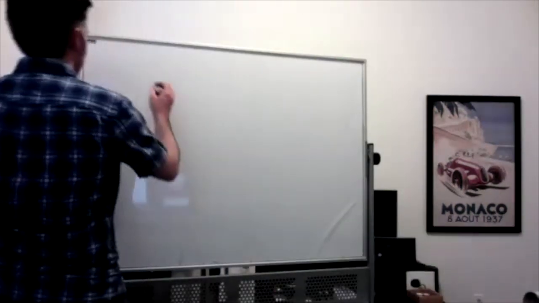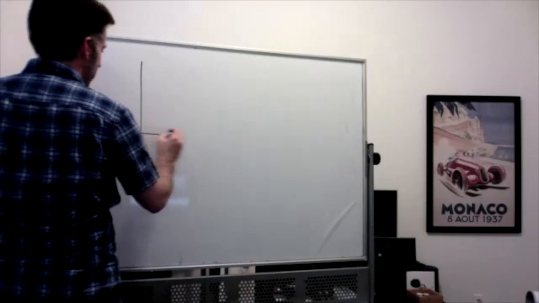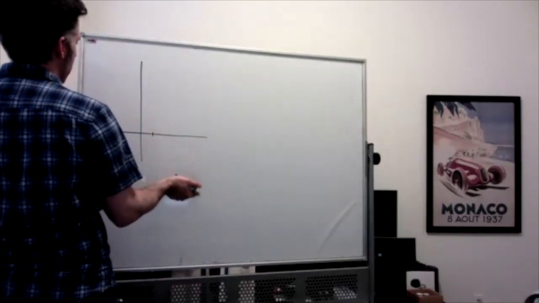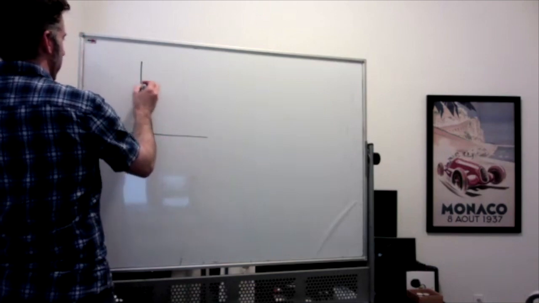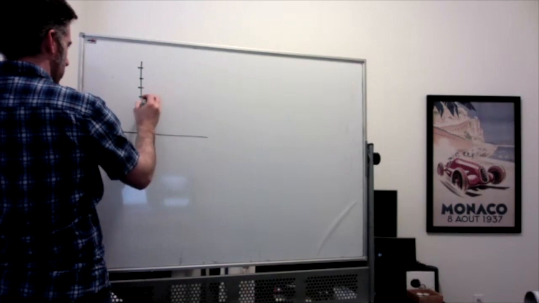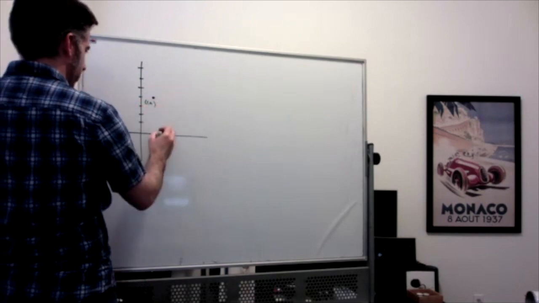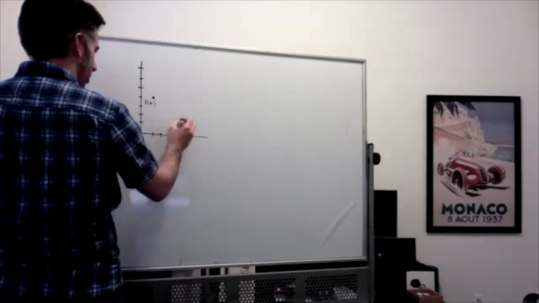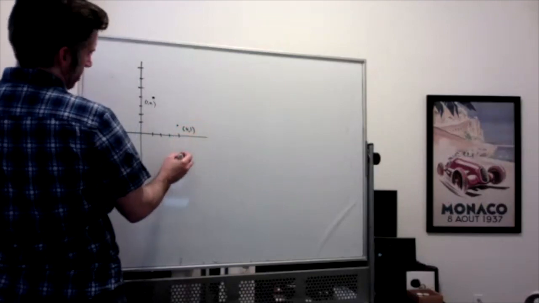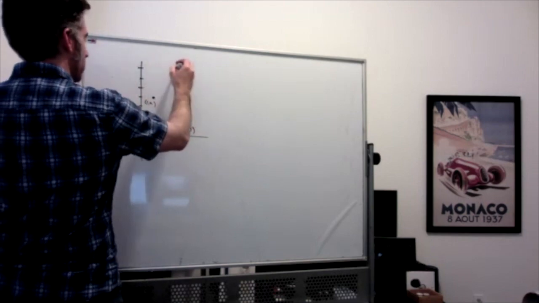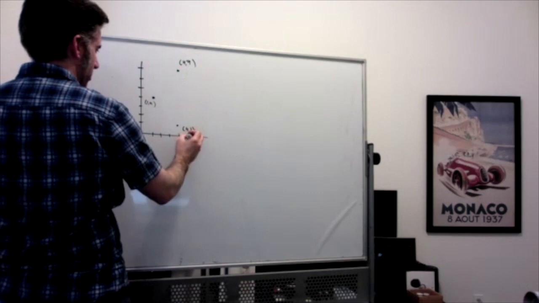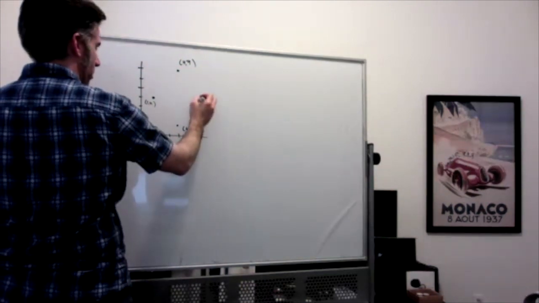So what if we had a shape whose coordinates were at, say, 1, 4, and at 4, 1, and also at 4, 7, and at 7, 4.